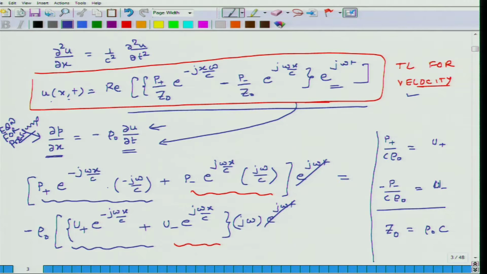This Z naught is called characteristic impedance.